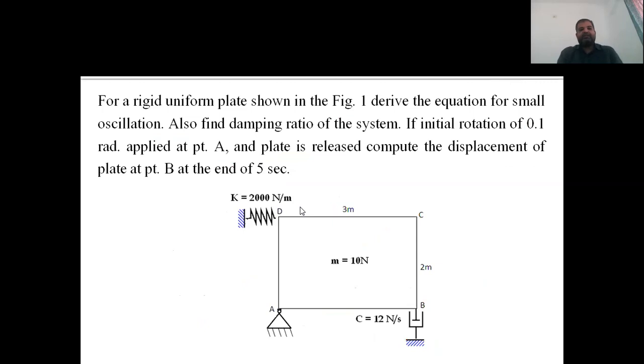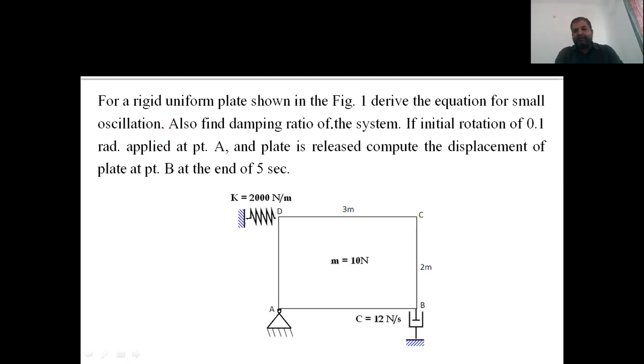Okay, if you do not have a question, let me take the second example, which also relates to this. Now I am increasing the difficulty level. For a rigid uniform plate shown in figure number 1, which is this, derive the equation of small oscillation first. So first of all, you need to derive the equation of small oscillation, so basically the equation of vibration.